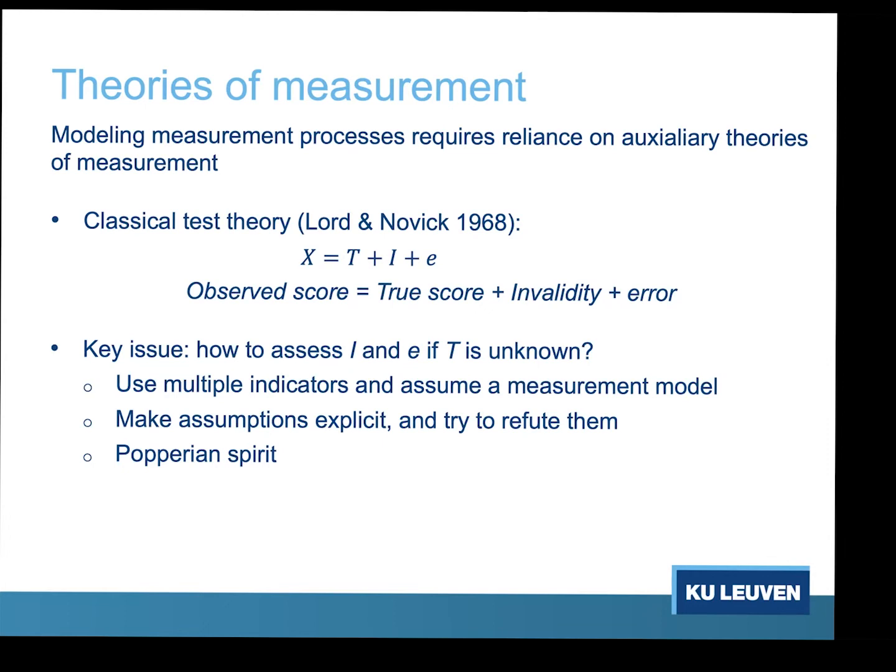And so the whole logic of testing measurements, I think, is making the assumptions of the measurement model explicit and then trying to refute them, right? And so what we often forget is that we should try to work in the spirit of Karl Popper: we can never be sure that our measurement is good, but if we make assumptions about the underlying measurement model and are able to refute them, then we know that something is wrong with the measurement.